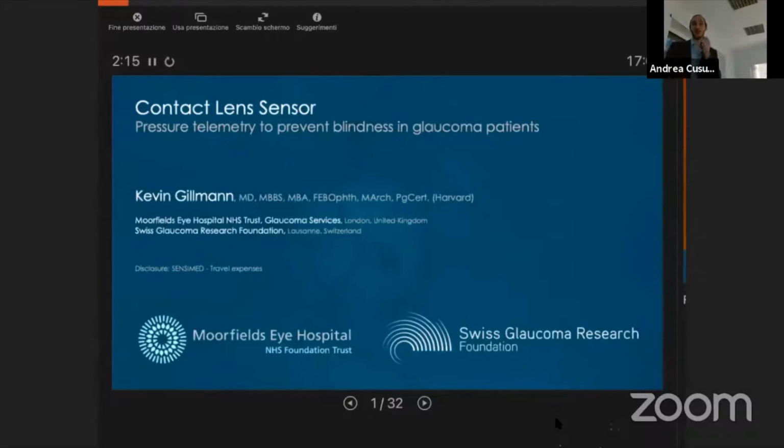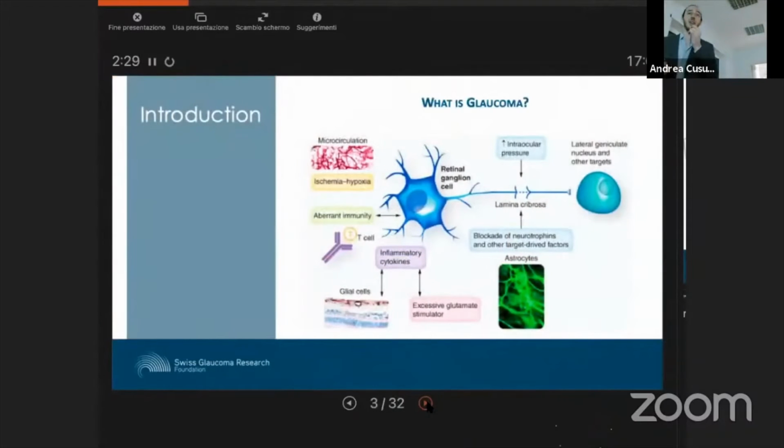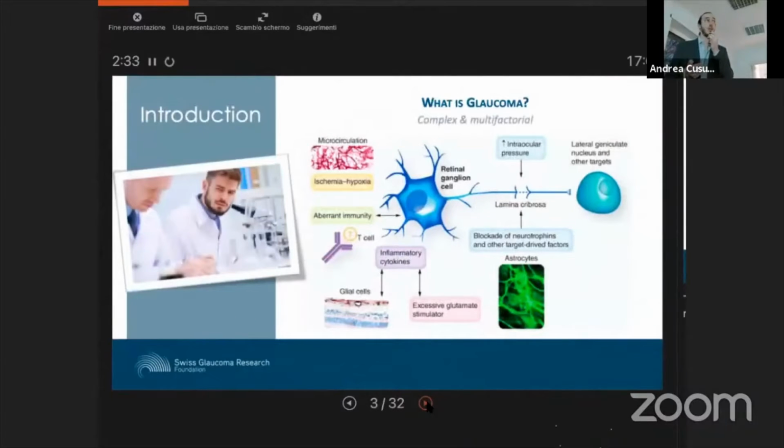As I am aware that glaucoma is not the main topic of today, I will start with a little introduction about glaucoma in general, just to remind you all of what it involves. Glaucoma, as you can see very clearly on that diagram, is a very complicated and quite complex disease. It is so complex that we don't fully understand its pathophysiology.